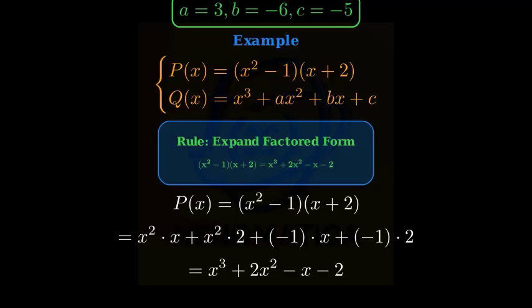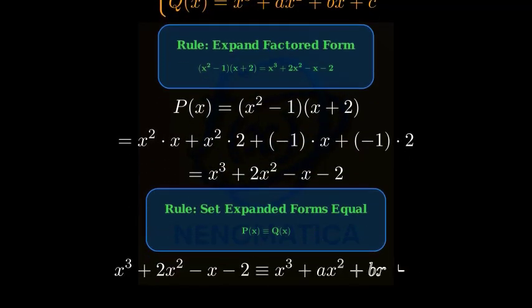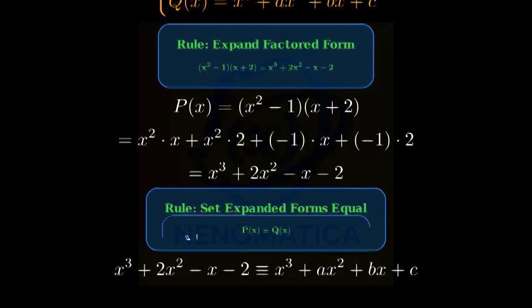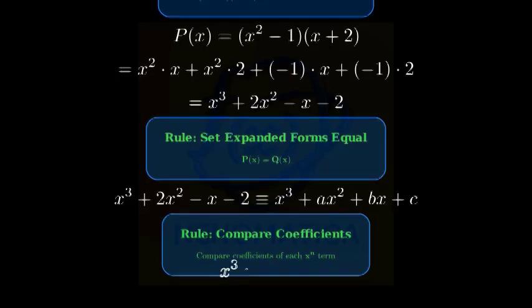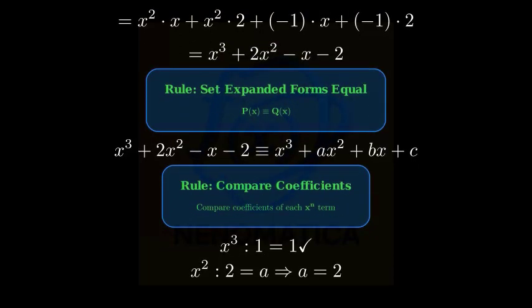Now, we can set the expanded form of p of x equal to q of x. We have x cubed plus 2x squared minus x minus 2 equals x cubed plus ax squared plus bx plus c. Comparing the coefficients of x cubed, both sides have a coefficient of 1, so that's already satisfied. For the coefficient of x squared, we have 2 equals a, so a equals 2.